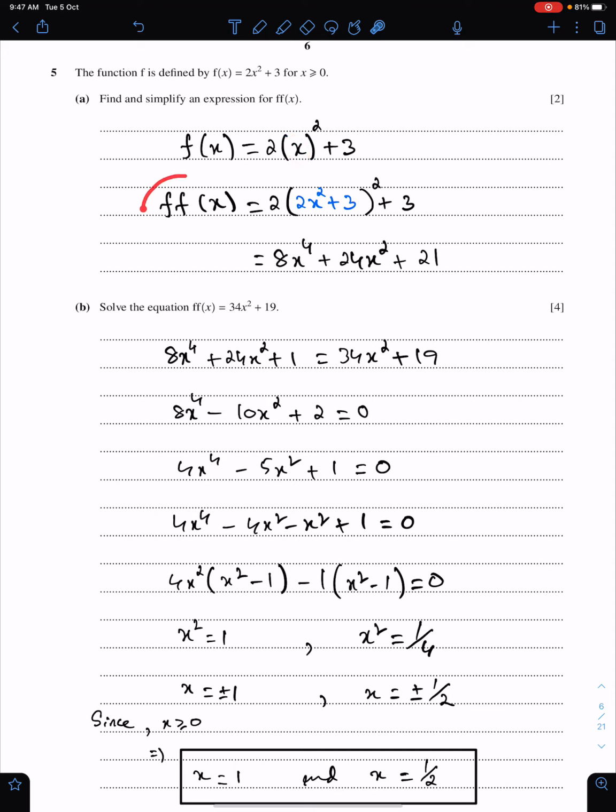For the expansion of ffx, we need to replace x of f by f. So replace this x by f and then just simplify this. This is f. This should be here. That's the final answer.